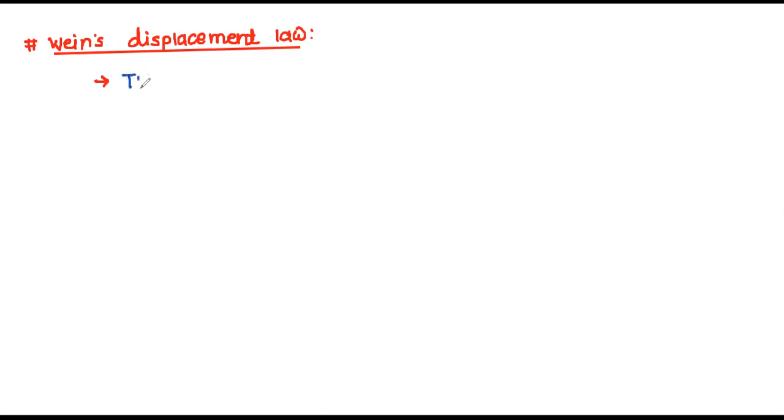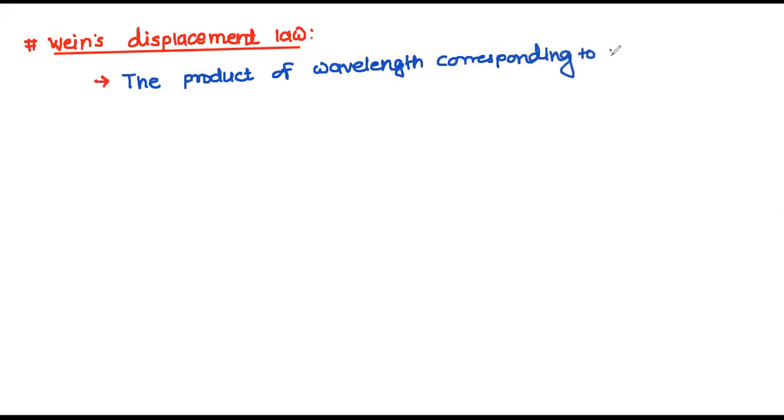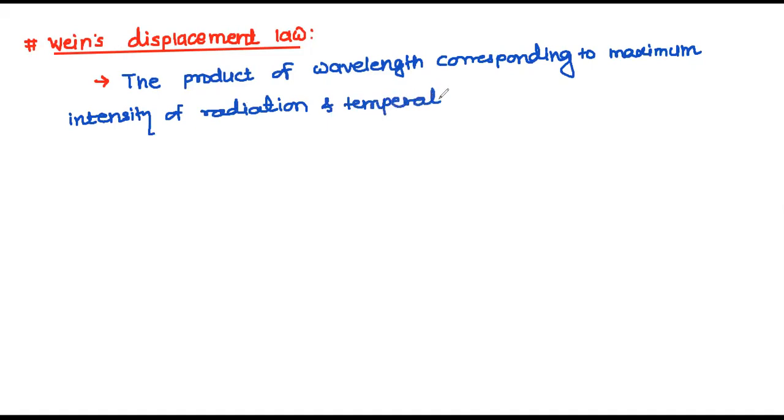The product of wavelength corresponding to maximum intensity of radiation and temperature of body in Kelvin.